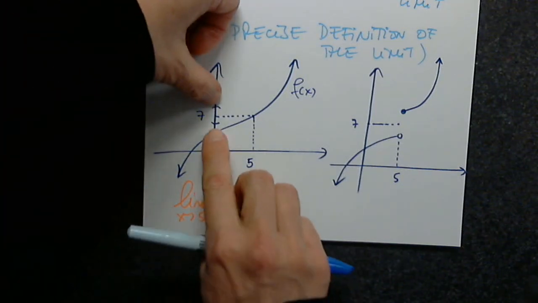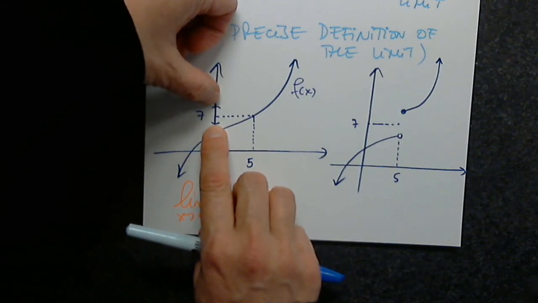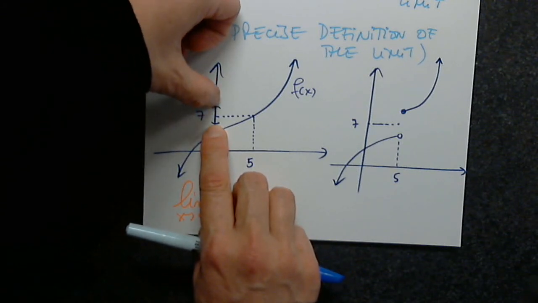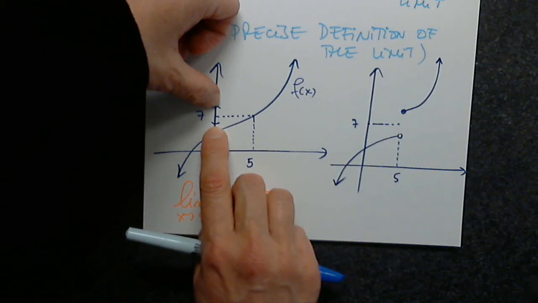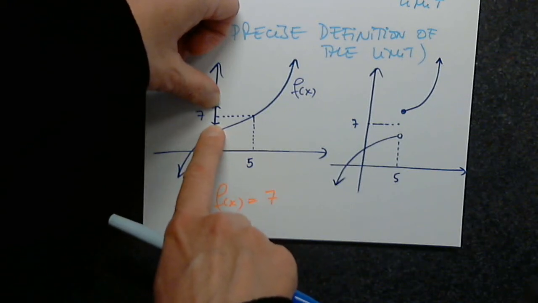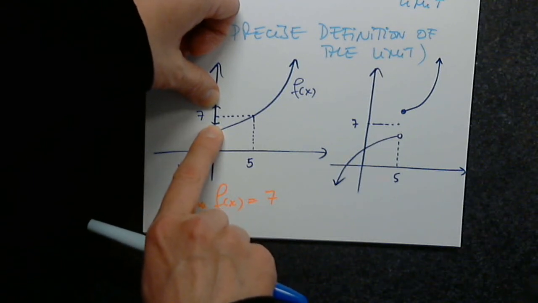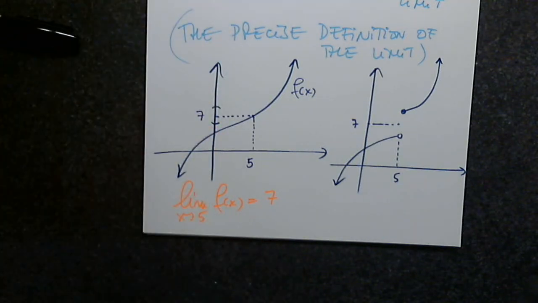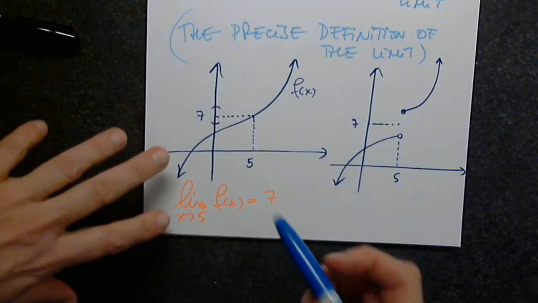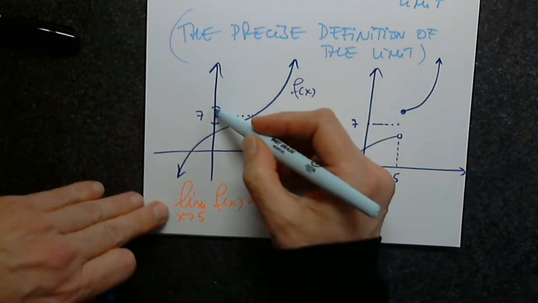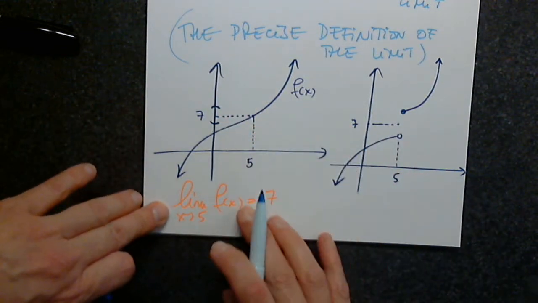It could be 8 and 6, but it could be 7.01 and 6.99. As big or as small as you want to make it, because that's the idea, right? And I will always be able to find this interval.